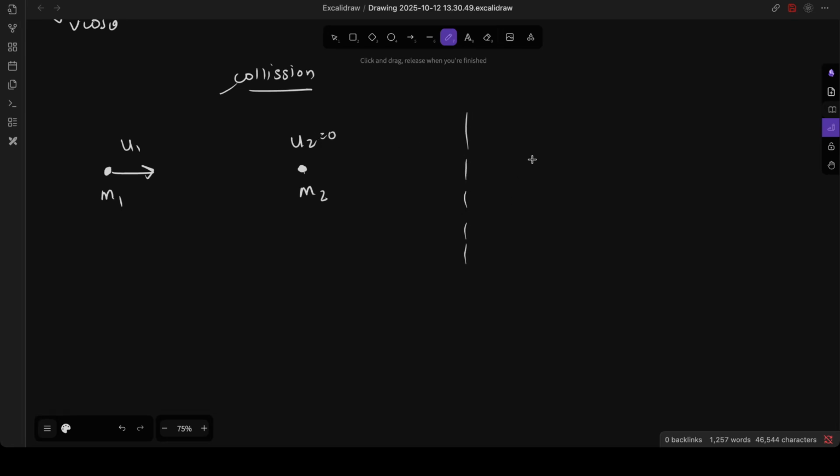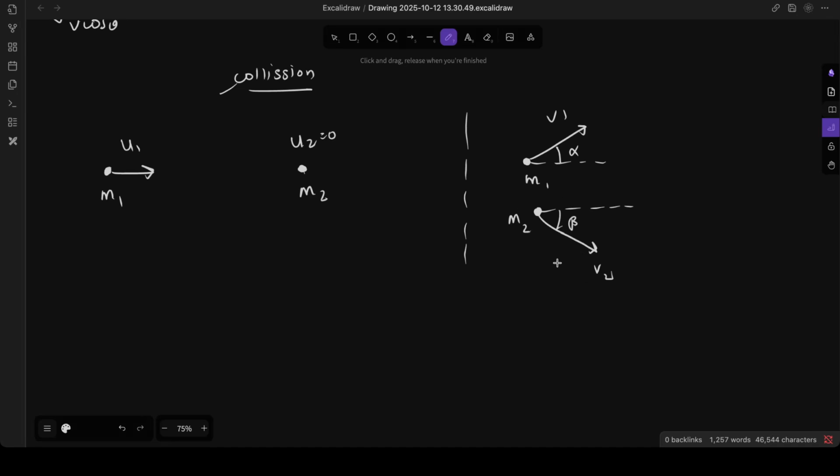After collision, the body with m1 moves in a direction making an angle, let's say alpha, with the horizontal. This is just a representation, not a scaled version of it, so things will not be like this in a real scenario. The body with mass m2 started moving with velocity v2, which is making an angle beta with the horizontal.